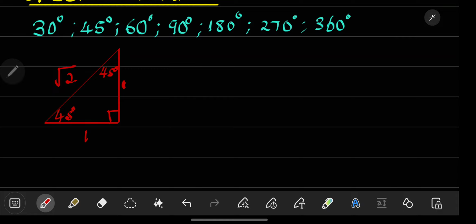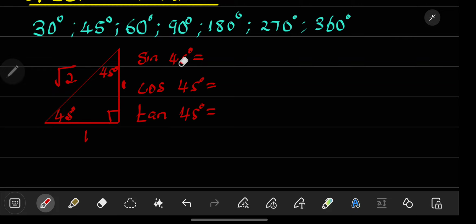You can answer sine 45 degrees without even having the calculator. You can also answer cosine of 45 degrees and tangent of 45 degrees without having a calculator.